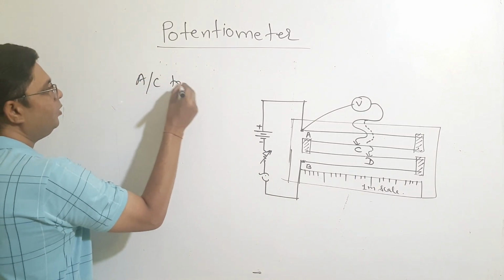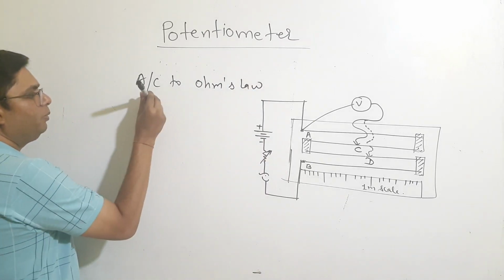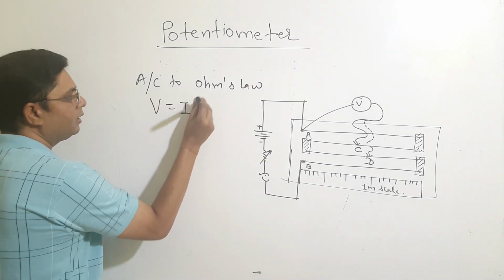How is this happening? Let us see. According to Ohm's law, V equals IR.